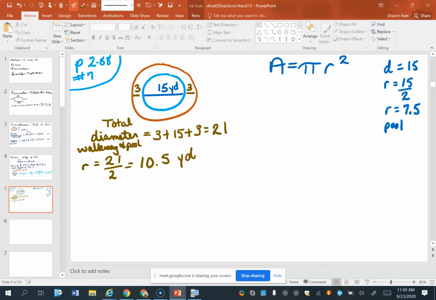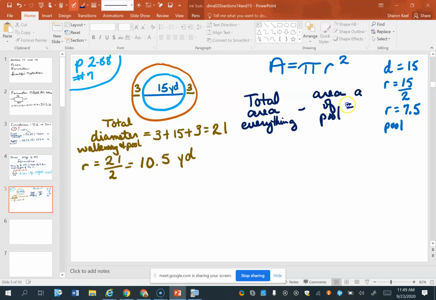So we already have some preliminary work that we're going to have to do. What they want to know is the area of the walkway. So what we need to do is find the total area, which means everything, and then subtract the area of the pool.